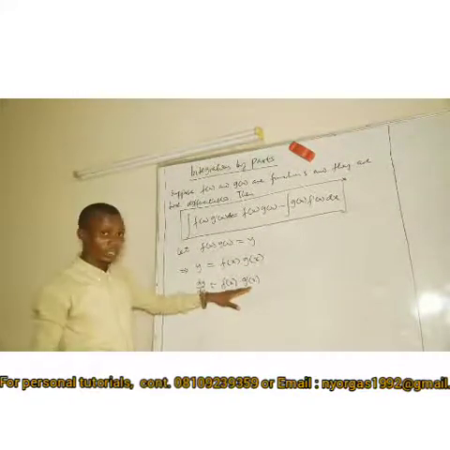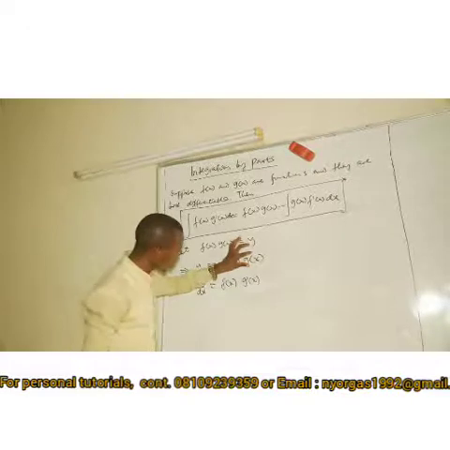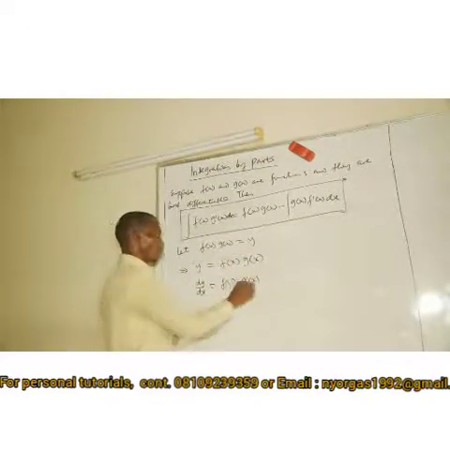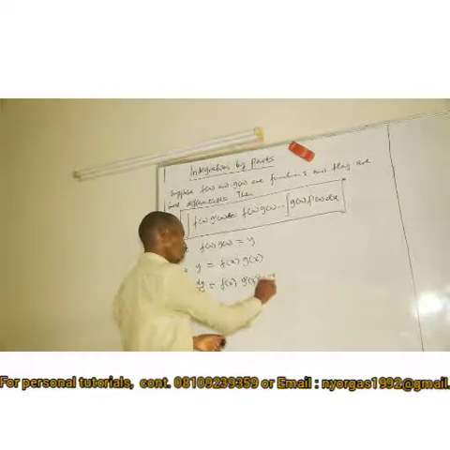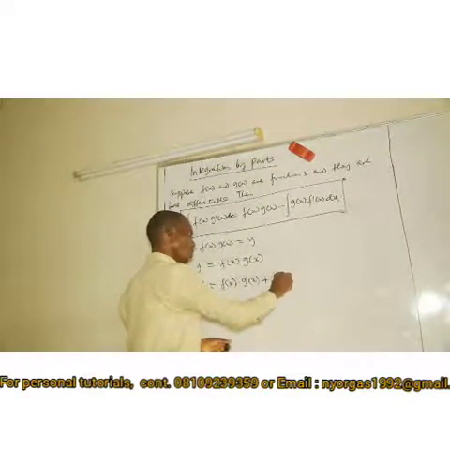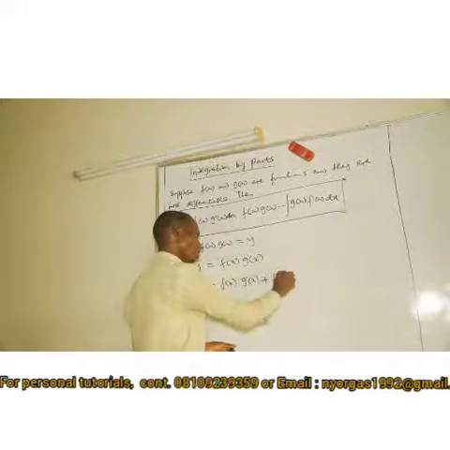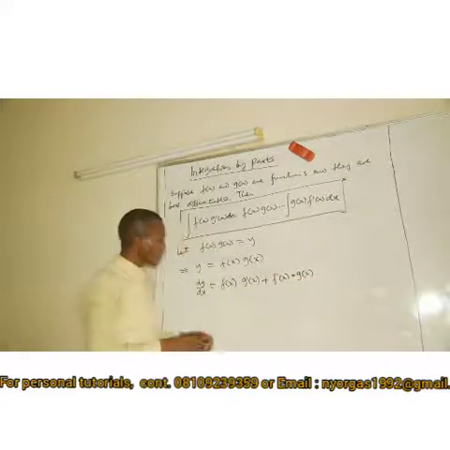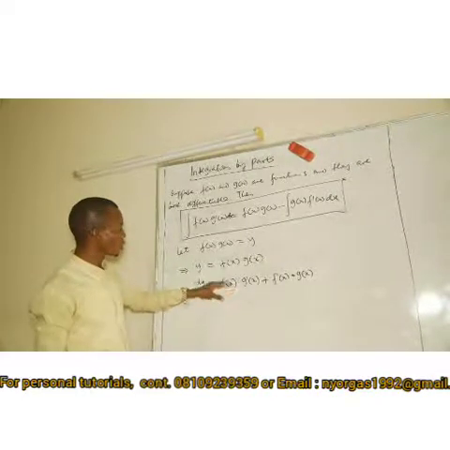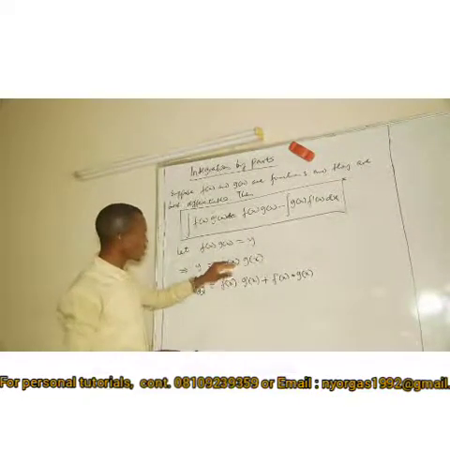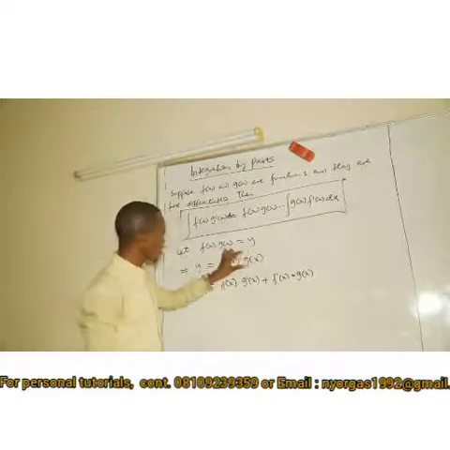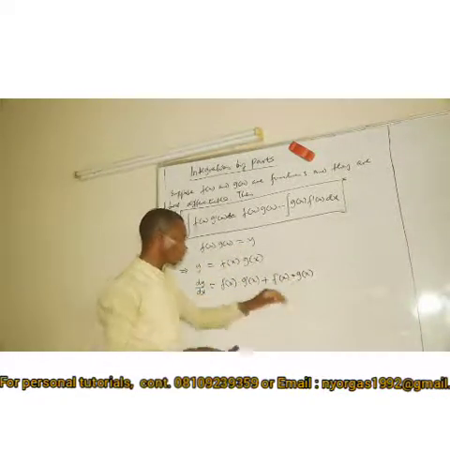Next, we keep g of x constant and differentiate f of x, plus f prime of x times g of x. We kept this one constant and differentiated, this is the result. Keep this one constant, differentiate, this is the result.